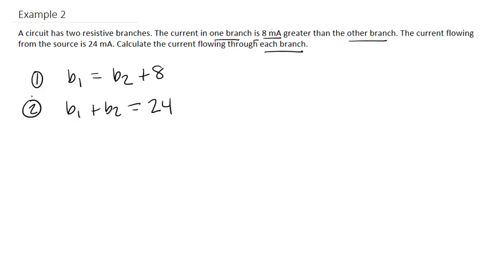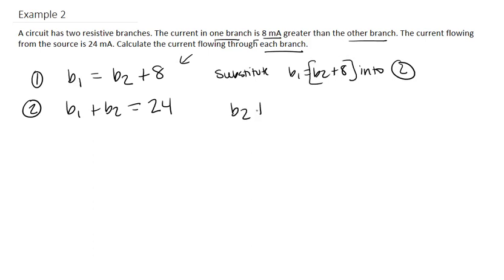And I would solve by substitution because equation 1 is already ready for substitution. So I would substitute B1 equals B2 plus 8 into 2. So we get B2 plus 8 plus B2 equals 24.